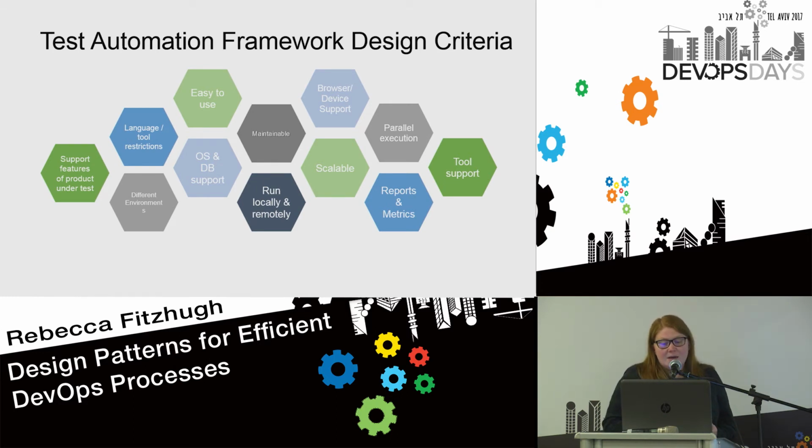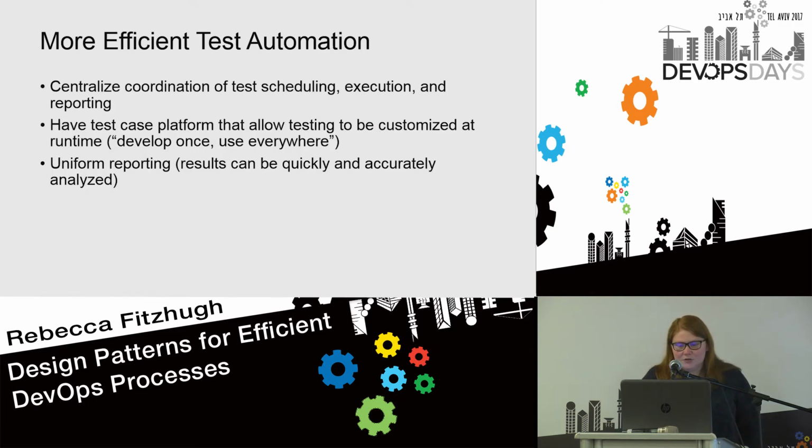But in my opinion, always, it's going to be reports and metrics. I think that's the most important piece. How do I know that any of these tests actually work if I don't have some kind of metric to validate that it did? So uniform reporting is what I'm going to say is very important when it comes to the efficiency of test automation. And of course, having something that can be developed once and then used everywhere, right? So customized on the go.